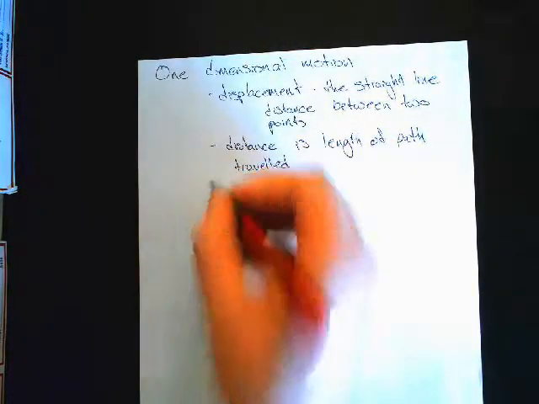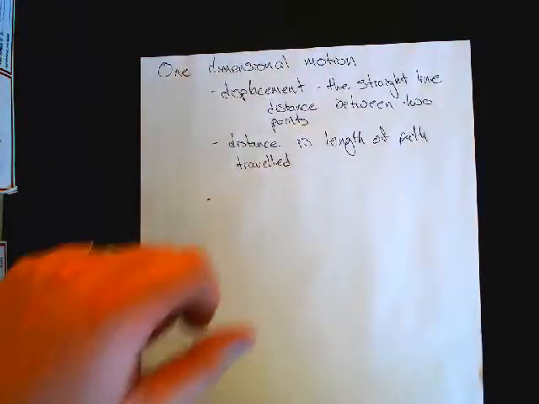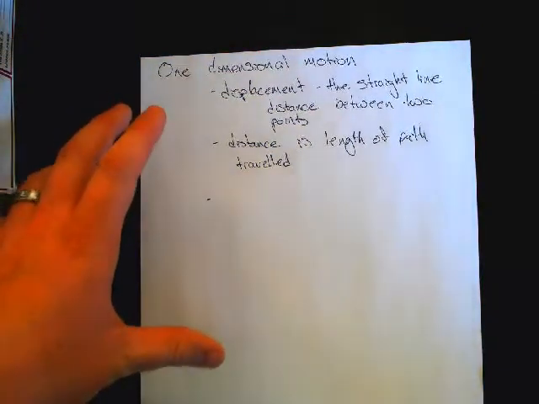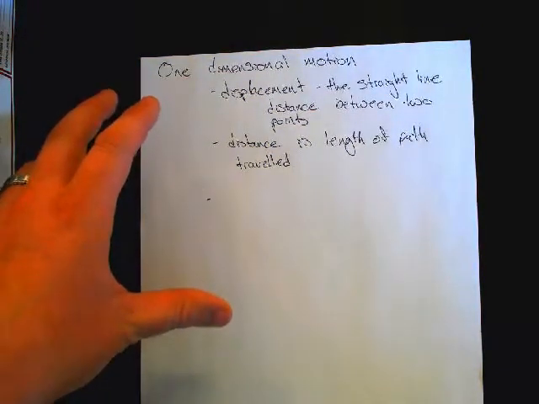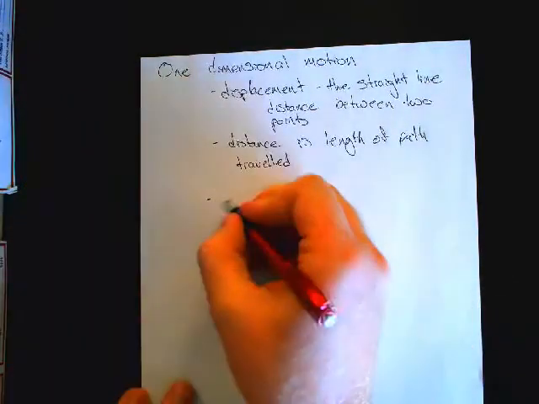Following that, we've got speed and velocity. Speed is an average rate of motion over time, whereas velocity is typically considered instantaneous and is always the rate of motion or rate of change in position over time in a specific direction.